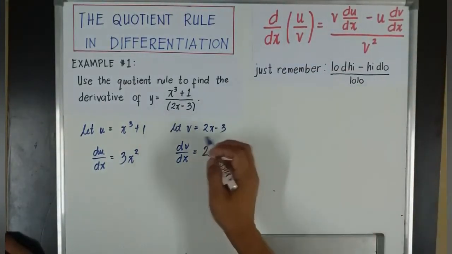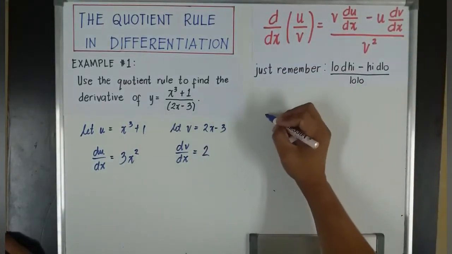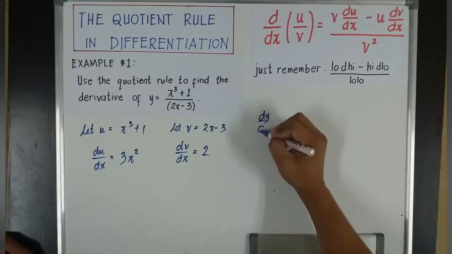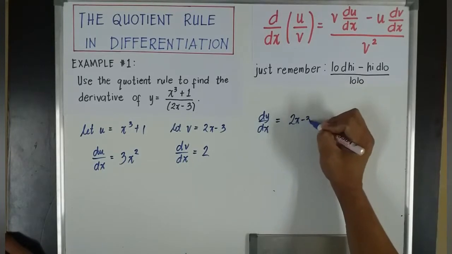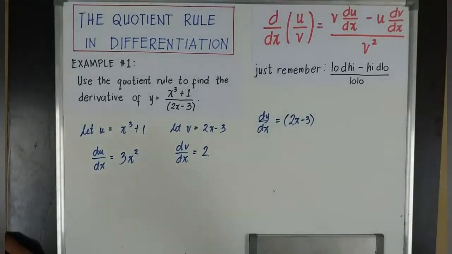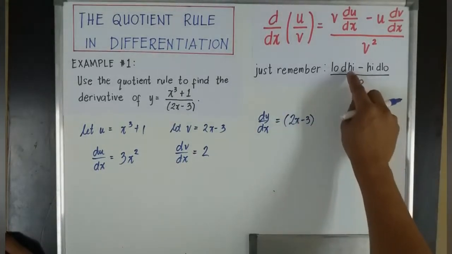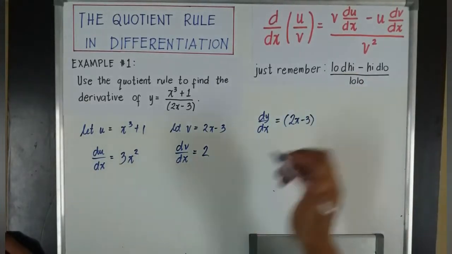So, low is 2x minus 3. dy over dx is equal now to 2x minus 3, D high is du over dx, 3x squared.